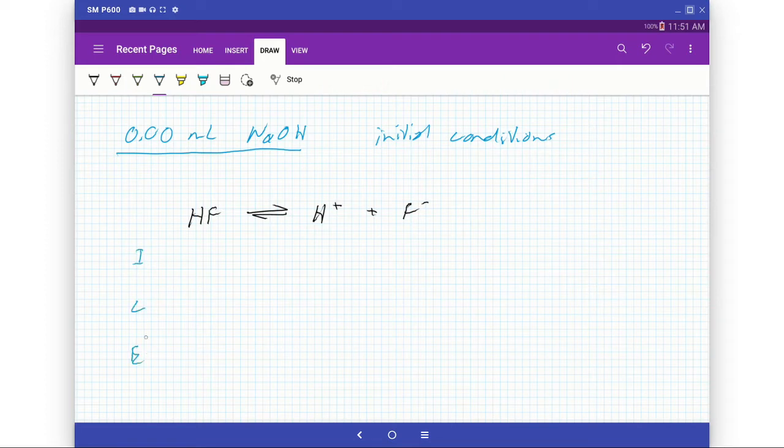And we've previously calculated how much HF was spilt in our 10 mL aliquot. That was 1.066 times 10 to the minus 3 moles of HF. Initially 0 of the products. And if we look up the Ka value, you get a Ka of 6.6 times 10 to the minus 4 moles per liter.